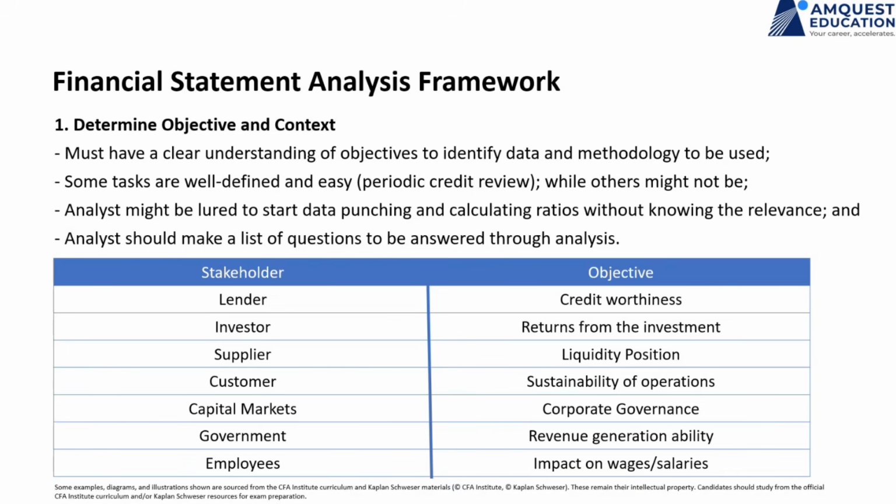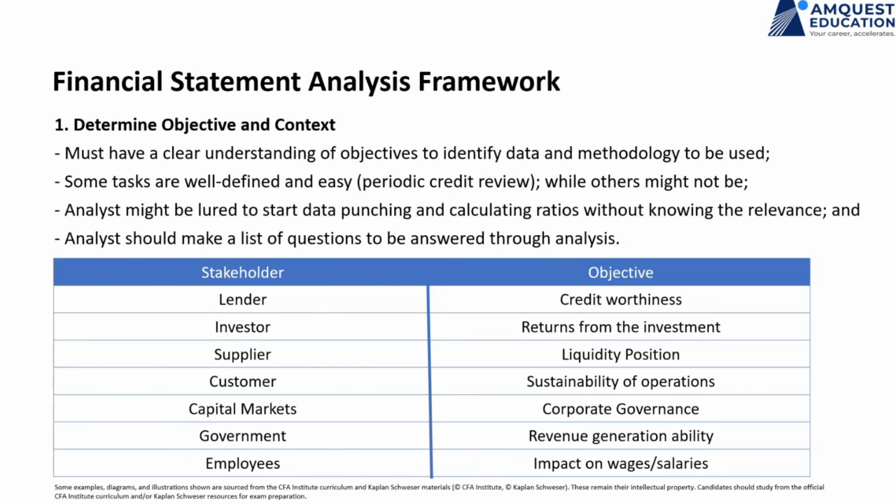An analyst should make a list of questions to be answered through analysis. Now, what is the objective? As we said, every stakeholder, we are using the word stakeholder, not shareholder. Every stakeholder has a different objective. Lenders want to do a financial statement analysis to identify creditworthiness, while investors want to do this for return from the investment.